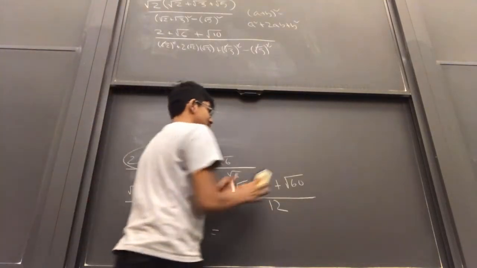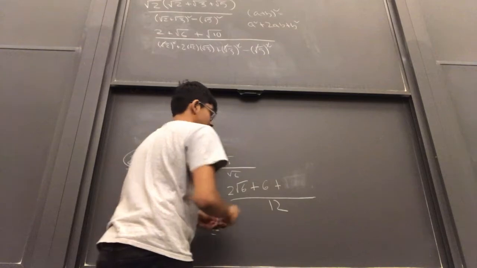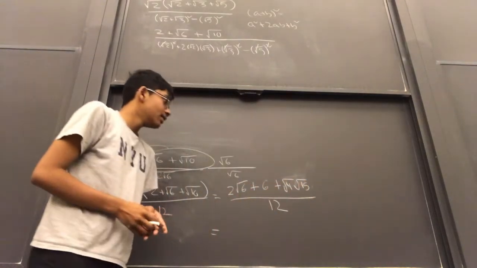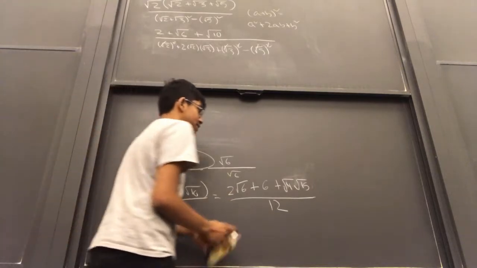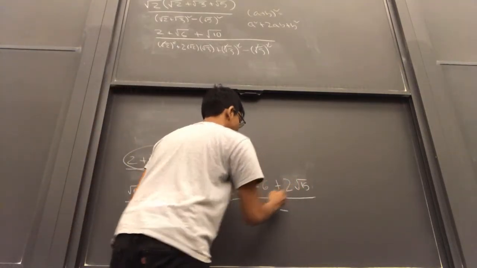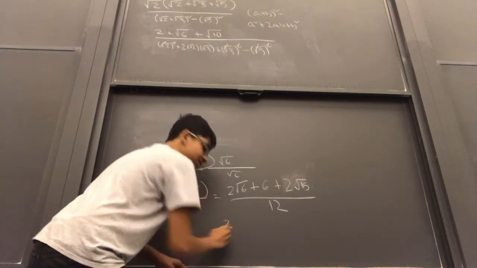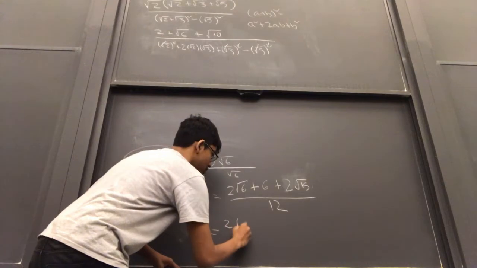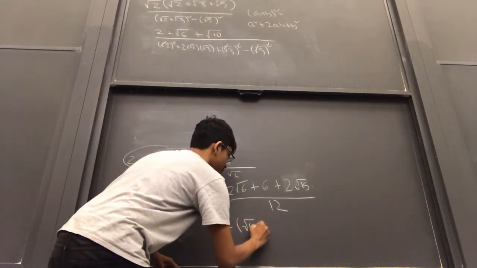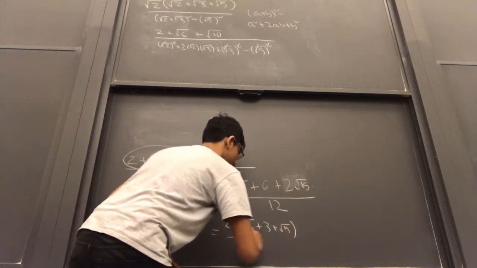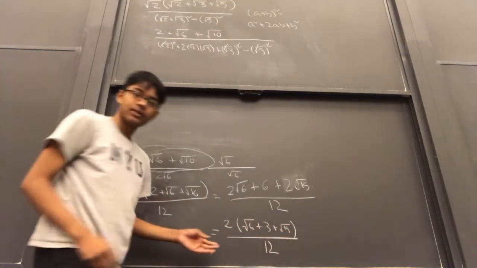This square root of 60 is going to instead become the square root of 4 times the square root of 15. And the square root of 4, of course, is just 2. So we're going to end up having, let's factor out the 2 so we can simplify even more. So we have 2 times (root 6 plus 3 plus root 15), all divided by 12.